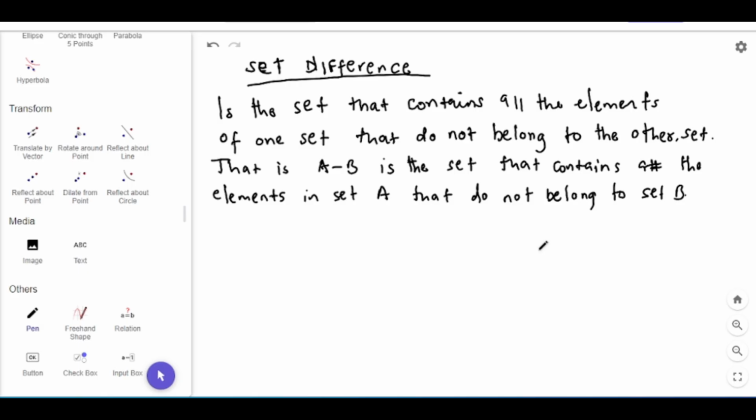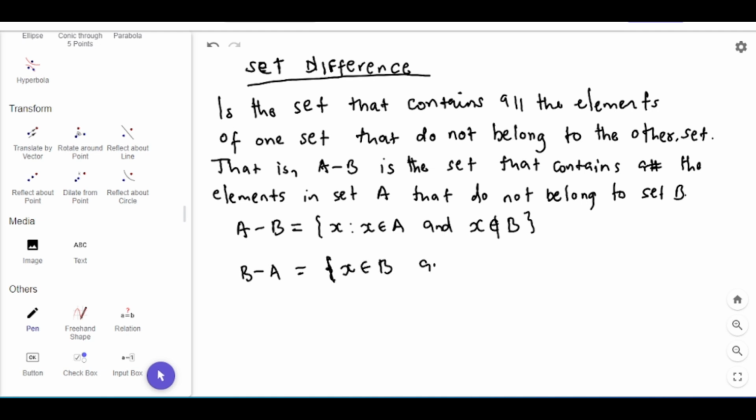For instance, we have A minus B. The set difference of A and B will be the set that contains the elements in set A that do not belong to set B. If you are writing it, A minus B will be a set X such that X is in A and X is not contained in B. If we are having B minus A, we are going to have X contained in B and X not contained in A.